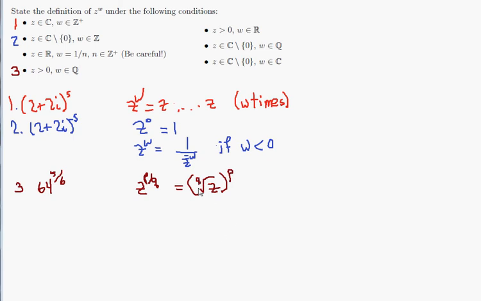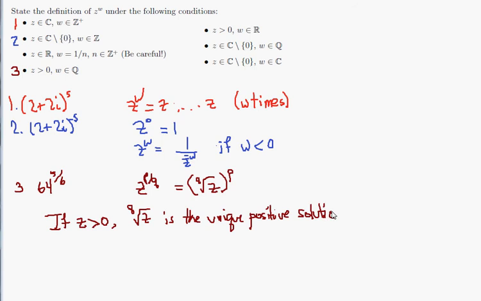Which begs the question, what is the qth root of z? If z is positive, the qth root of z is the unique positive solution to x to the qth power is equal to z.